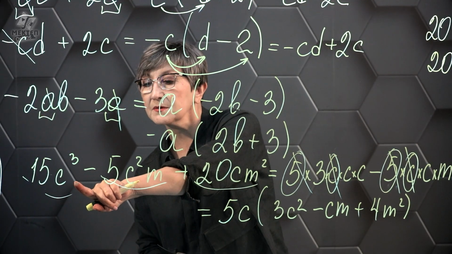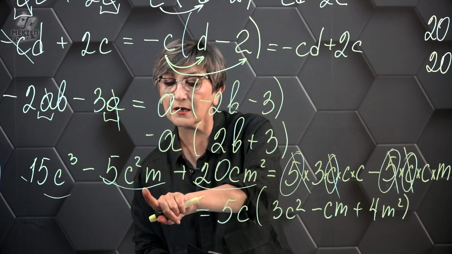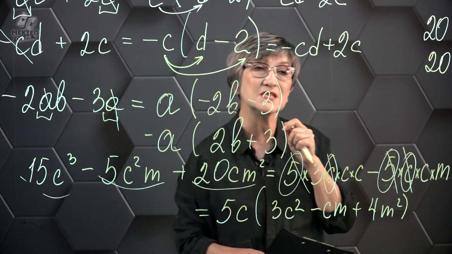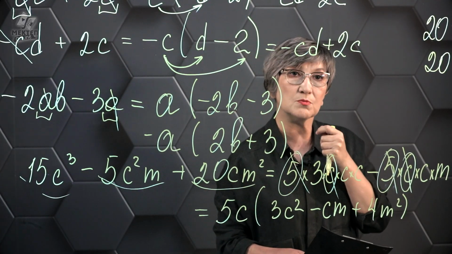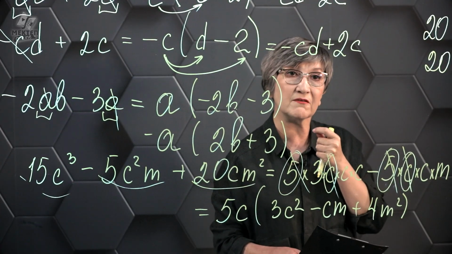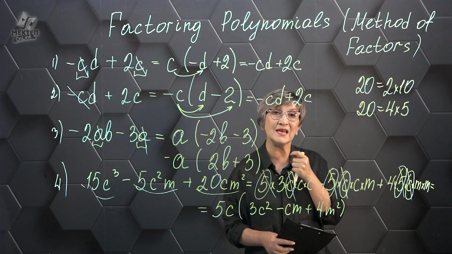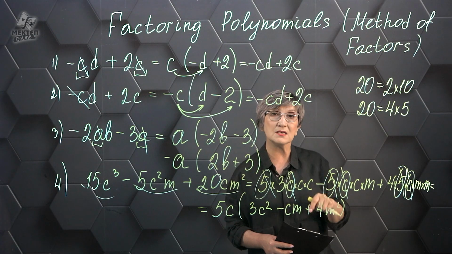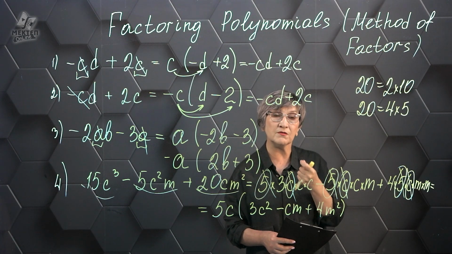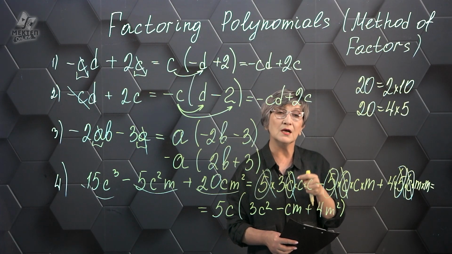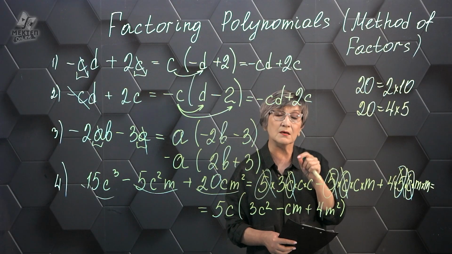In the first term c cubed, in the second term c squared, in the third term c, the common multiplier c is chosen by the smallest power. If we are choosing a common factor for numerical expressions, then for variables we select the lowest power. And then you'll get the correct answer.